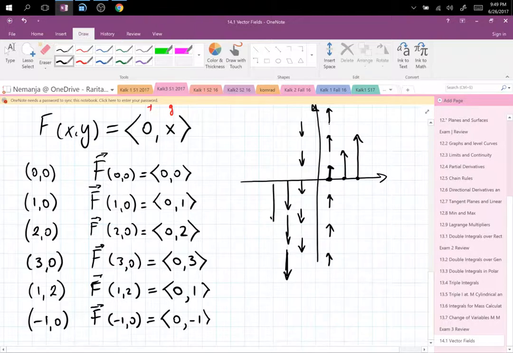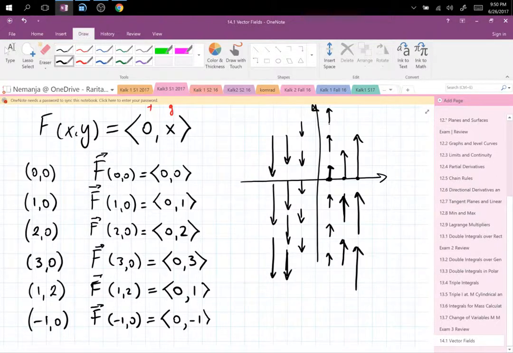You have all these vectors that are 3 units long, and so on. So I hope that you see what is happening here. One side pushing up, the other side pushing down. This is shear. Right? This is like a shear motion.